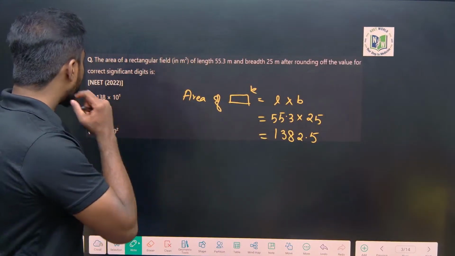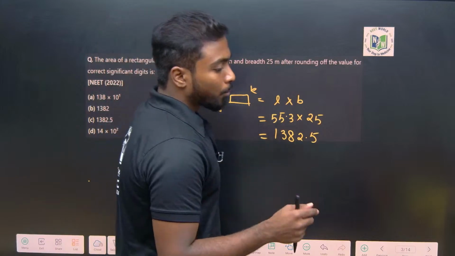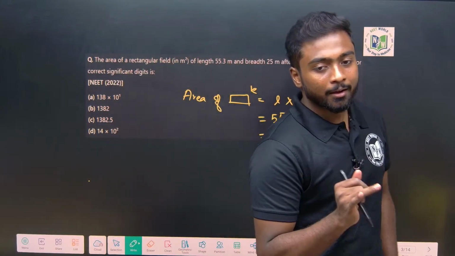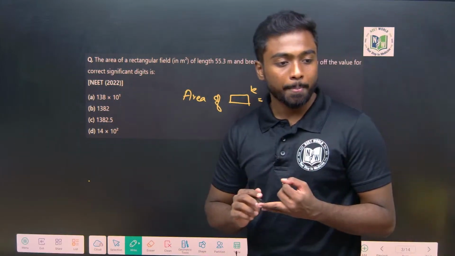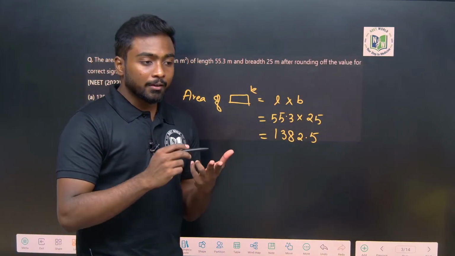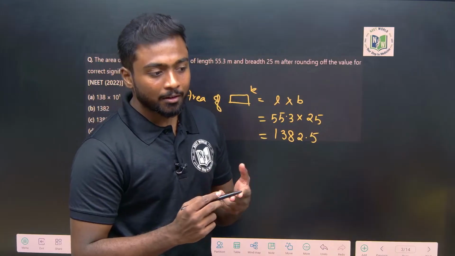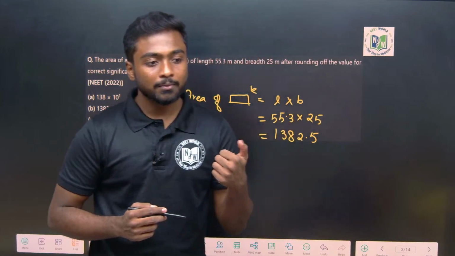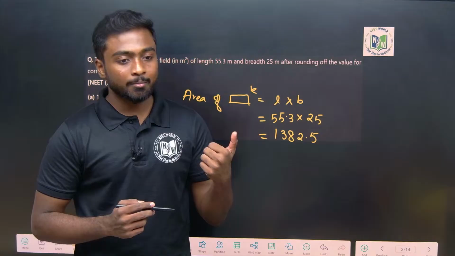Now, when we are doing multiplication or division or addition and subtraction, what is the thing we have studied? When we are adding or subtracting, we should see the least decimal point.